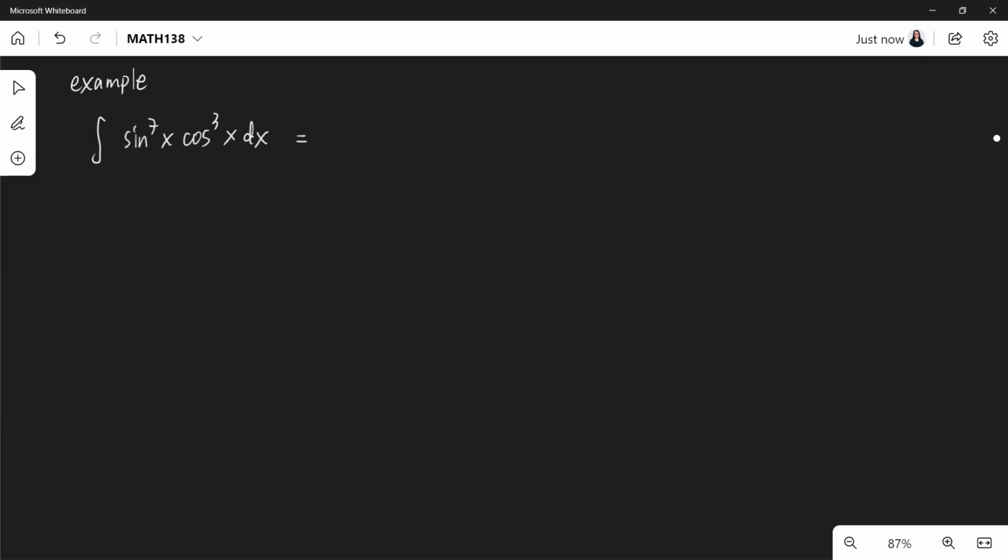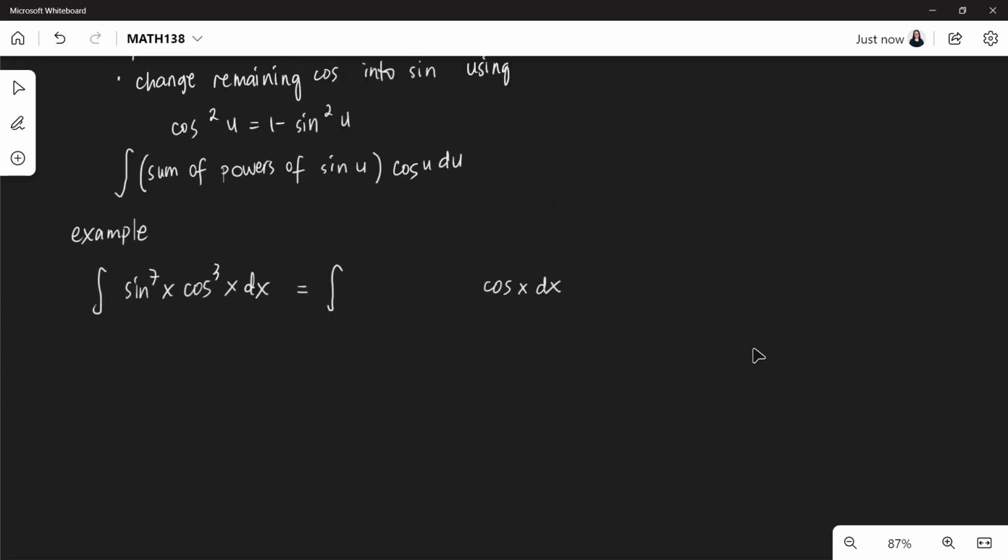We need to factor out cosine x dx, and then express the remaining cosine. So we have 2 more cosine x. We use the Pythagorean identity, 1 minus sine squared equals cosine squared.